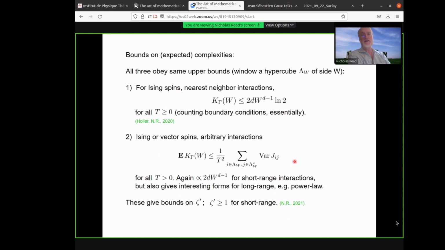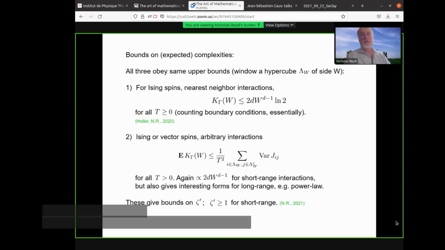And if you have short-range interactions of suitable types, then this again gives something proportional to surface area, even though now each spin in principle interacts with every other spin. Nonetheless, the sum can converge and give the surface area. For longer range interactions, like power law interactions, there are other interesting forms that arise, but which I won't get into here.